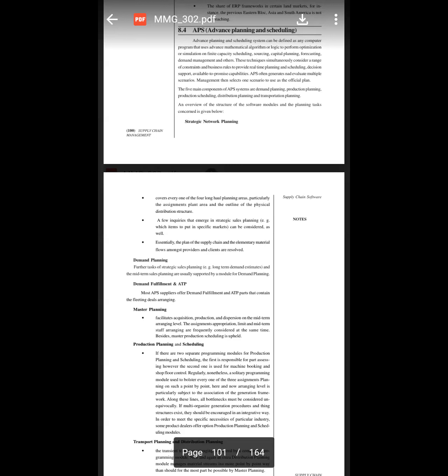Now, the mode of transportation is chosen by the manufacturing company on the basis of time and cost. If they want the product to reach another place in a very short time period, then they can take the mode of transportation called air transport, right?